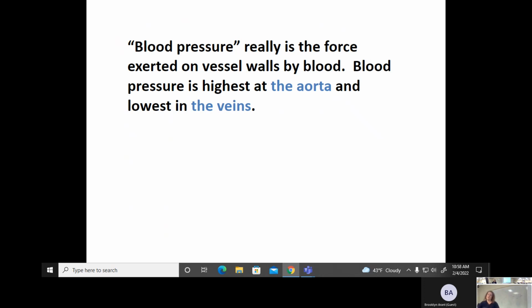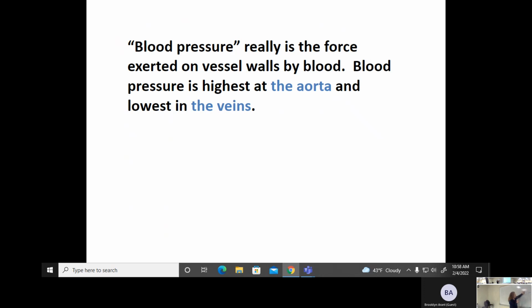Everybody kind of understands the concept of blood pressure, but to get a little deeper understanding of it, we need to define actually what it is. By having its particular structure and by going through the cardiac cycle, the heart is going to pump blood out of the ventricles under force, and it goes through a blood vessel, coming in under force because the blood was squeezed by the heart.